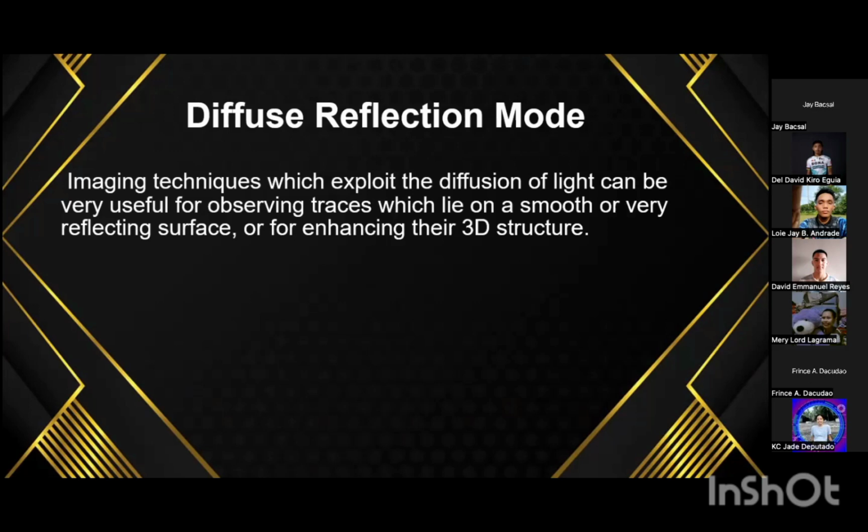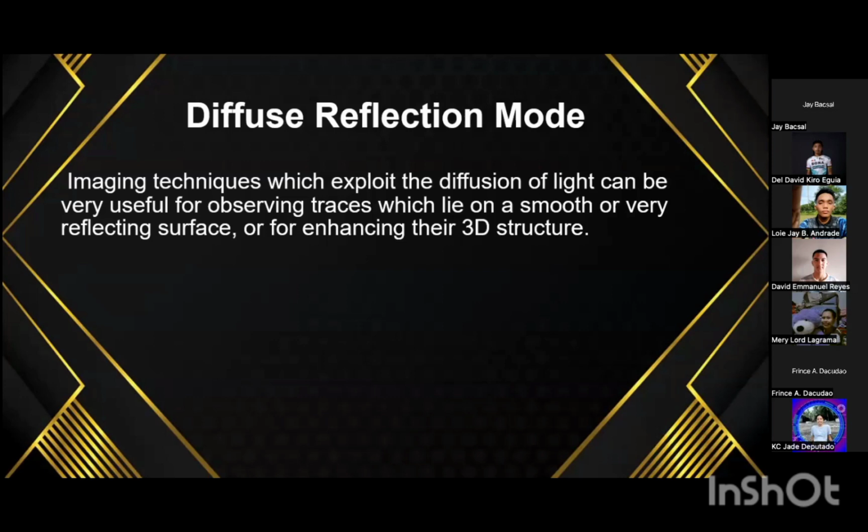The rationale of this technique can be understood if two main mechanisms of reflection of light from a surface are acknowledged, i.e., specular reflection and diffuse reflection. When light impinges on the surface, it will be specularly reflected by smooth regions and it will be diffused by the rough regions.